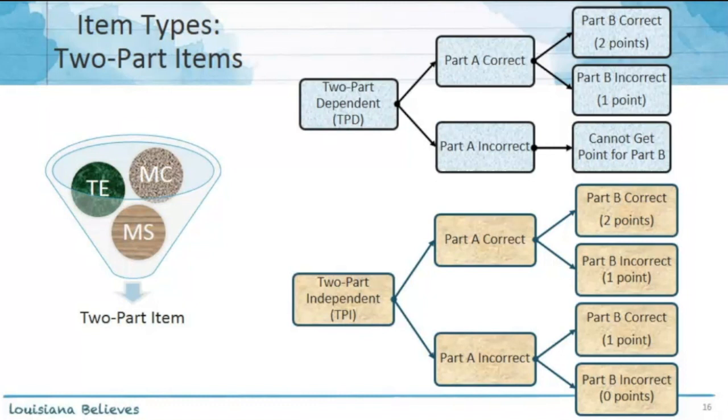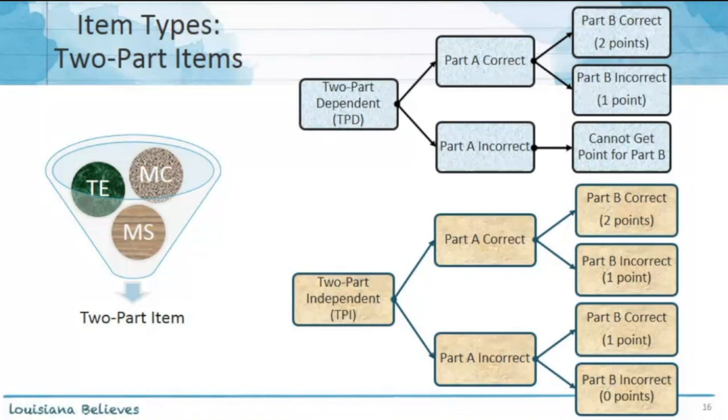The dependent means they are relying on each other. In Part A, they may be asked to select a solution for a problem. And in Part B, they'll be asked, what is the reason behind your answer selection? So when it's a two-part dependent, if they get Part A correct and Part B correct, they get 2 points.